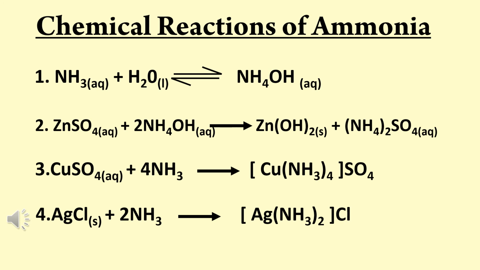When ammonia reacts with aqueous copper sulfate, it forms a deep blue compound [Cu(NH3)4]SO4, whose name is tetraamine copper(II) sulfate. And when solid silver chloride reacts with ammonia, it forms a colorless compound called diamine silver(I) chloride. So these are all the chemical reactions of ammonia in this module. Okay, students.